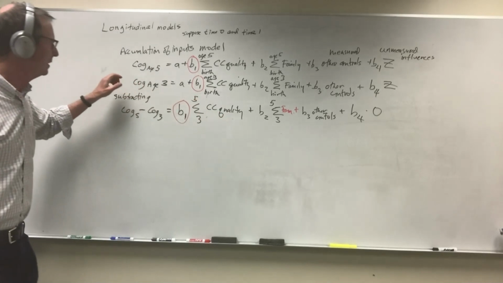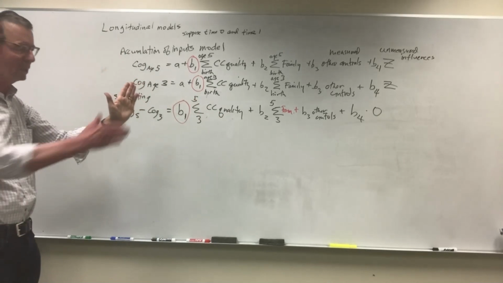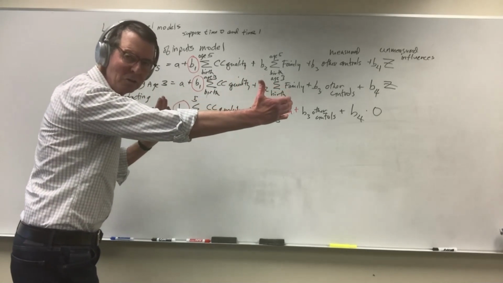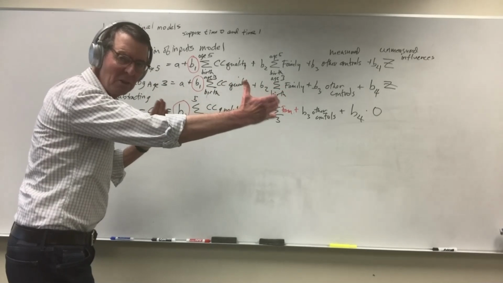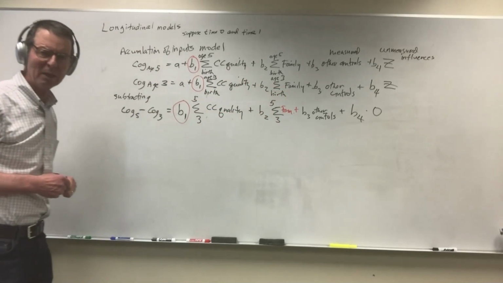So this particular model that views where people are at one point as a product of past history, that particular model gives you this particular estimating equation.